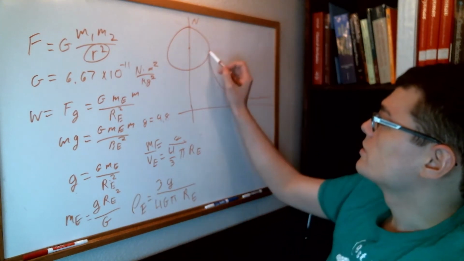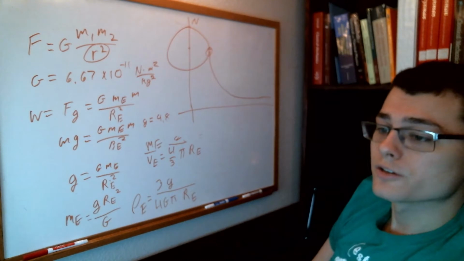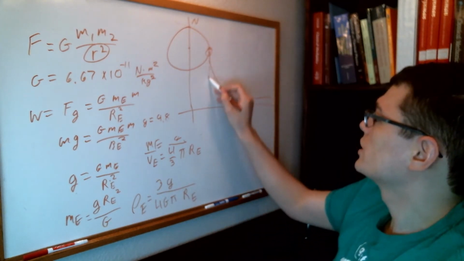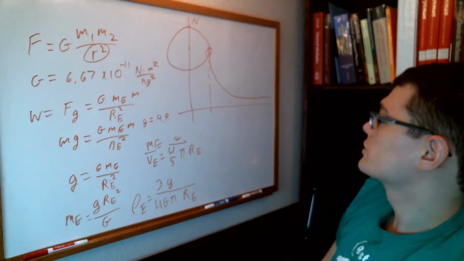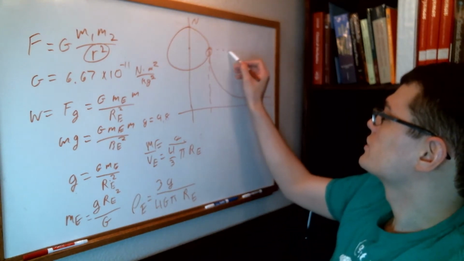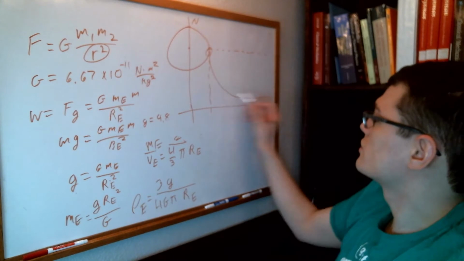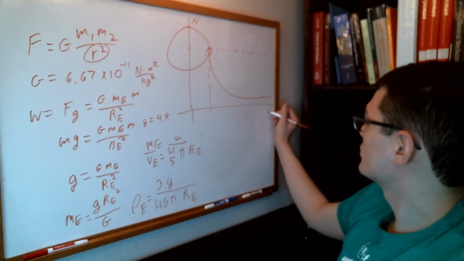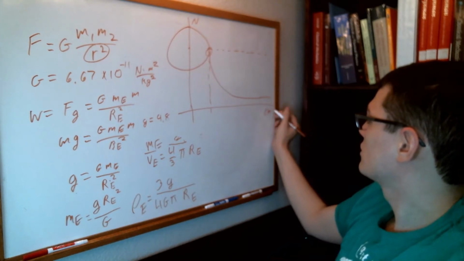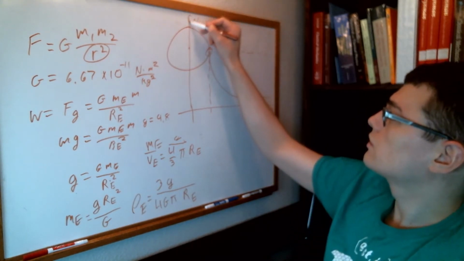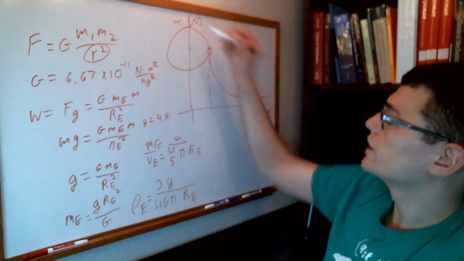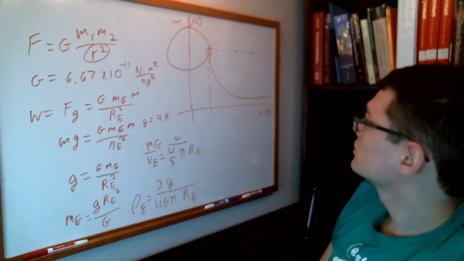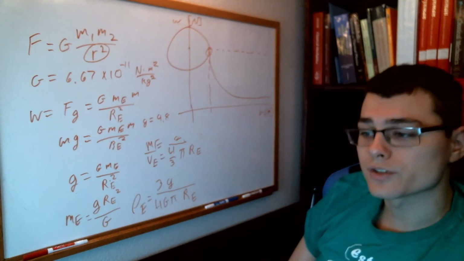So this is going to be the max force that you experience near Earth's surface, and then as you slowly drift away from Earth's surface, as your distance increases this way, this is what the force looks like as you drift away. So this is your weight, and this is R, or your distance from Earth's surface here.